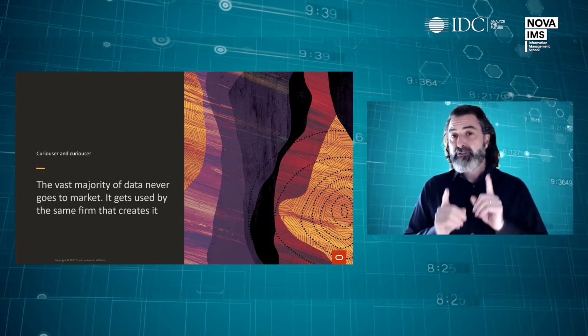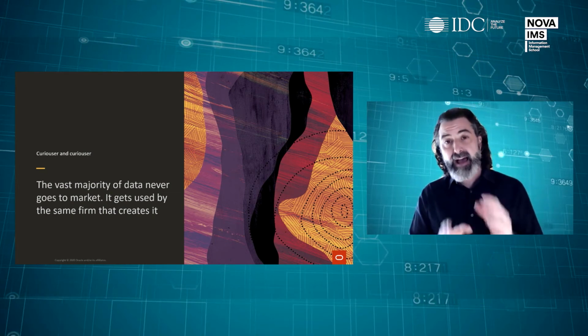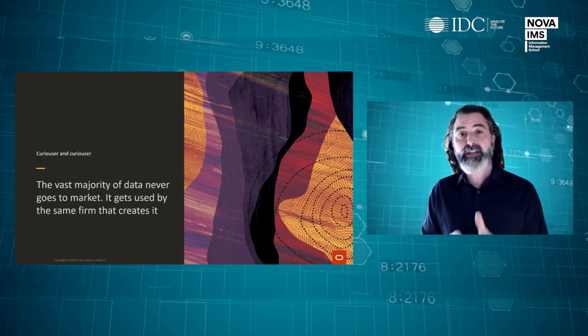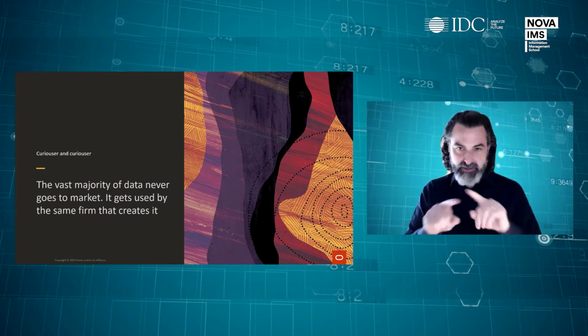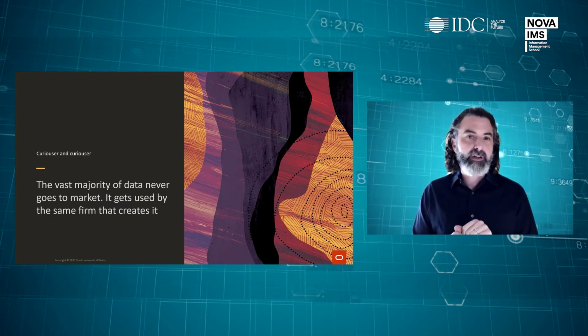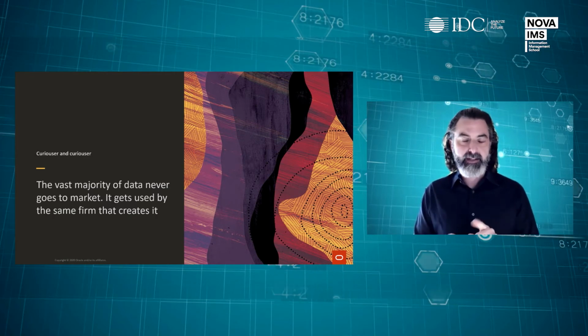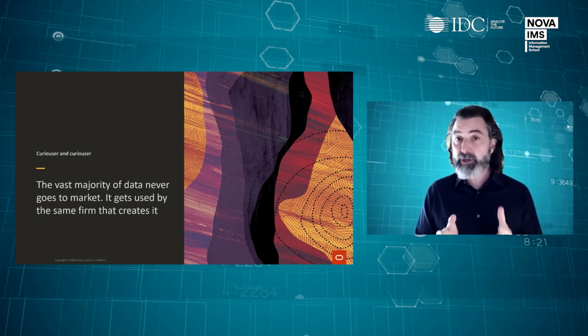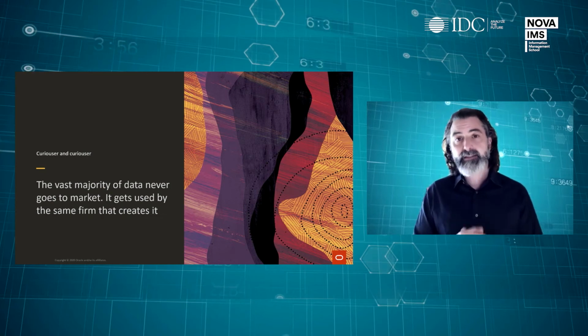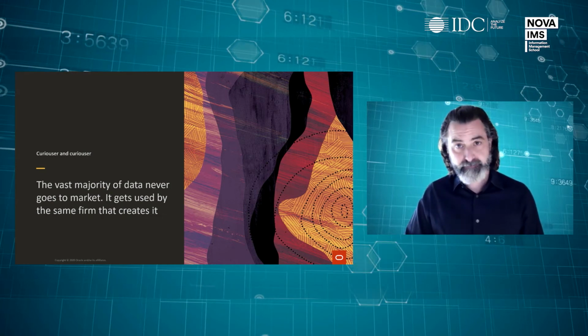But the vast majority of value created from data in the digital economy happens through use of data within the same four walls of the firm that created it. And this means that inside each large organization, whether you know it or not, is a hidden data economy.